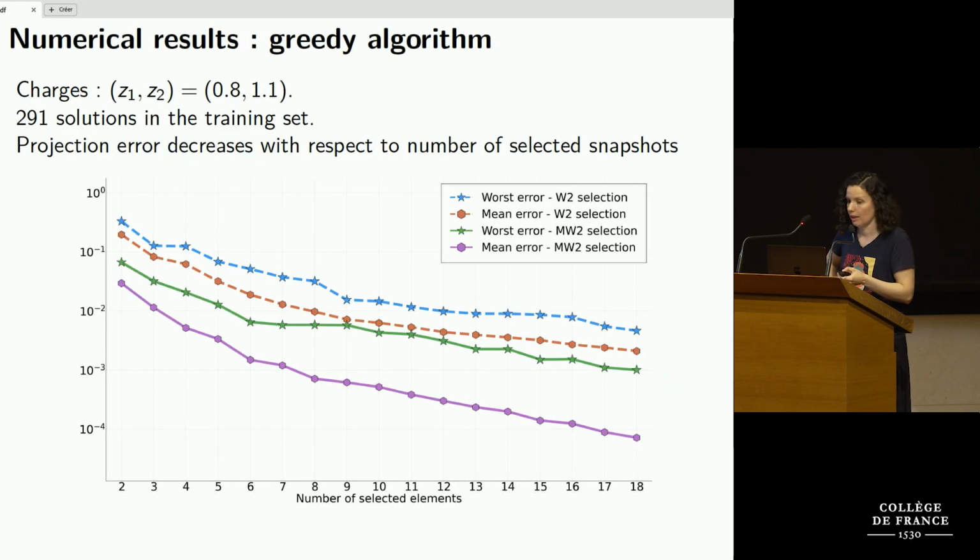Okay, and so we performed a greedy algorithm to select specific snapshots. Here we use a case where we have two nuclei with different charges.